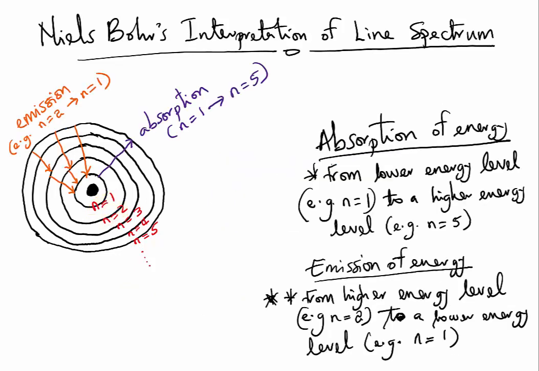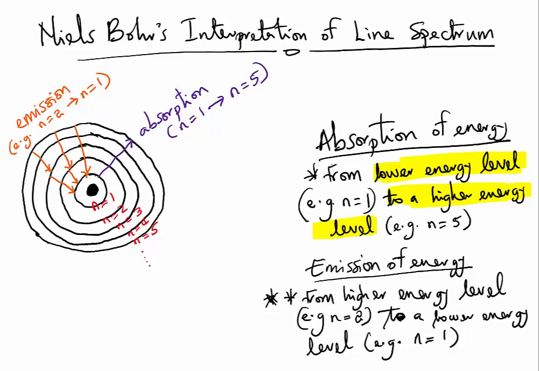According to Niels Bohr interpretation, if an electron absorbs energy from external sources, from electricity or from heat, it can go from a lower energy level, for example, going from energy level number 1 to a higher energy level. For example, going from energy level number 1 to energy level number 5.